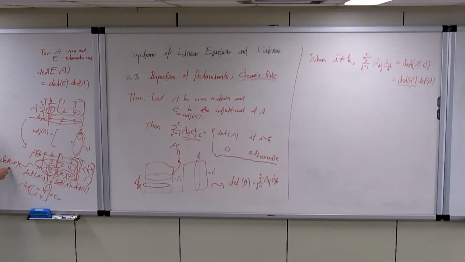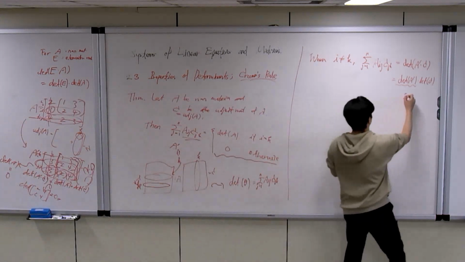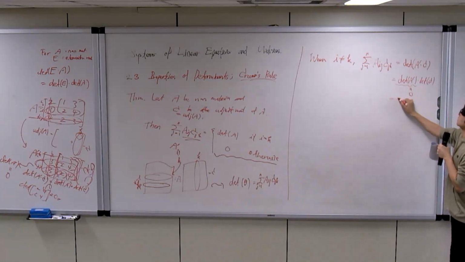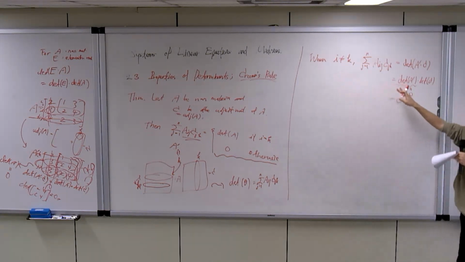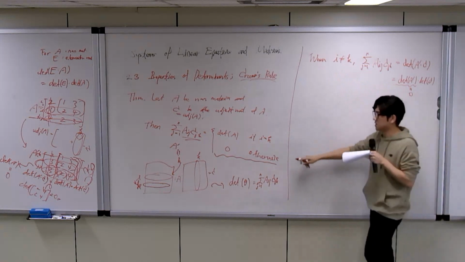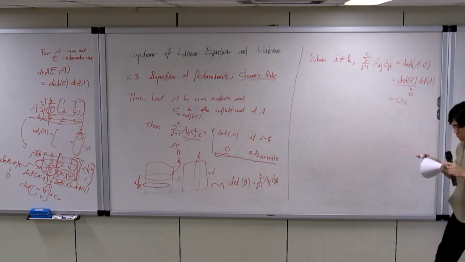So the determinant of A prime will be 0. So when i is not equal to k, in this case the value of the summation is 0.